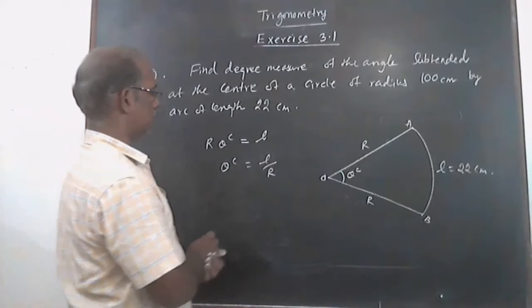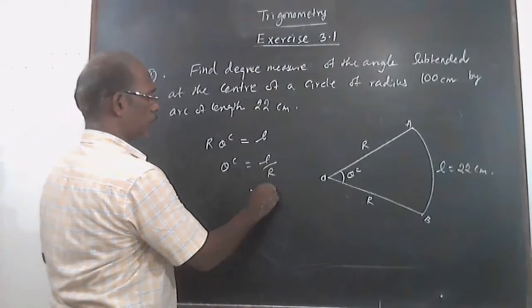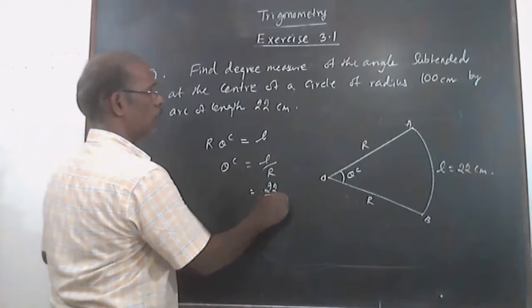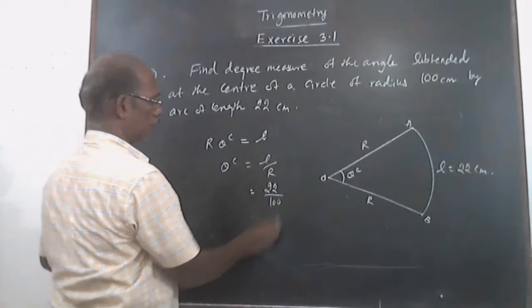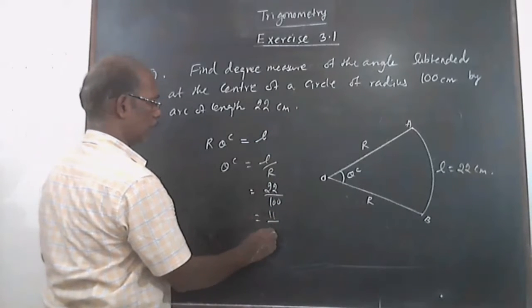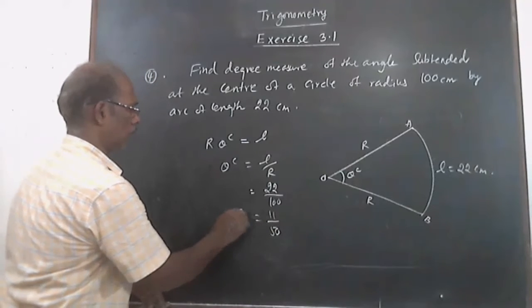But we need the corresponding angle in degree measure. Let us find theta in radian first. L equal to 22 centimeter and R equal to 100 centimeter. It is 11 by 50 theta in radian.